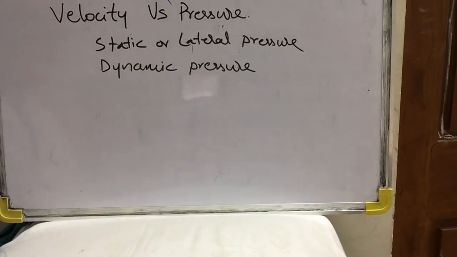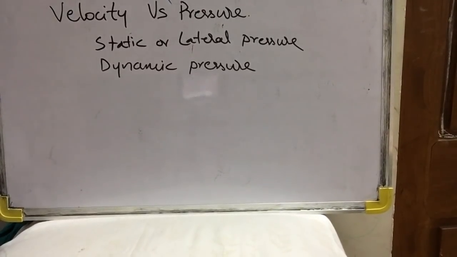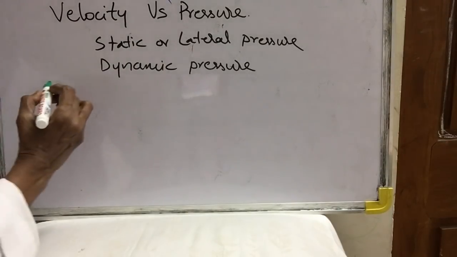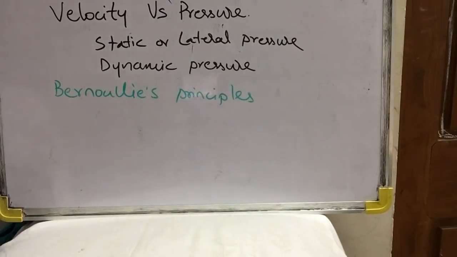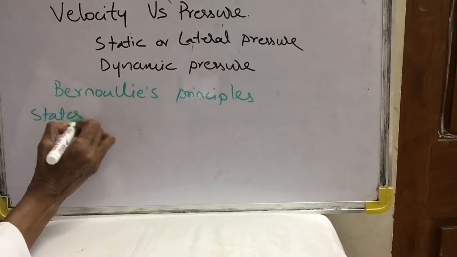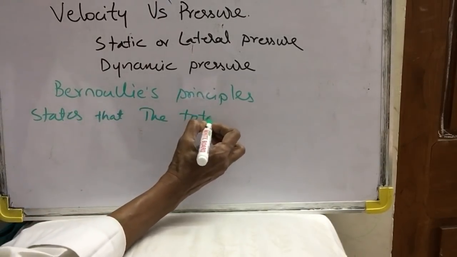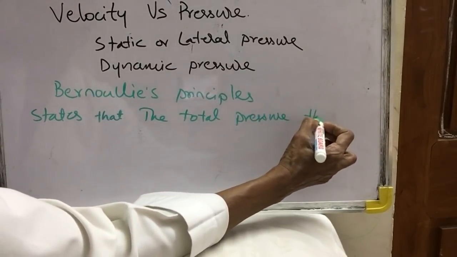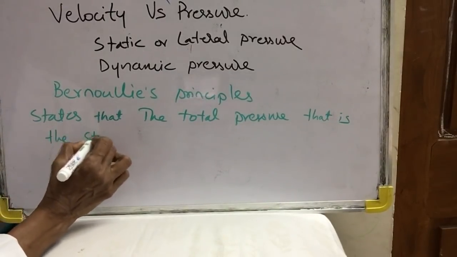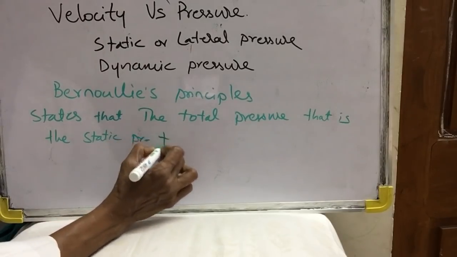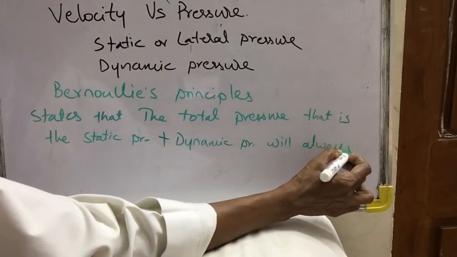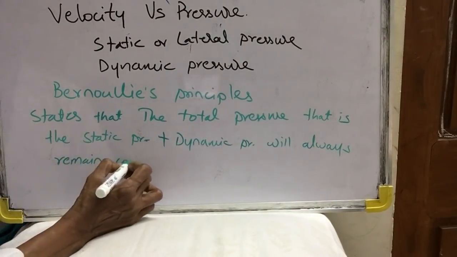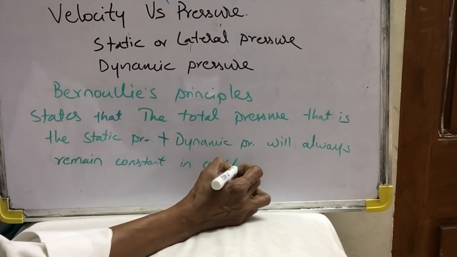And regarding this aspect we will talk about Bernoulli's principle, which states that the total pressure, that is the static pressure plus dynamic pressure, always remains constant in a closed system.